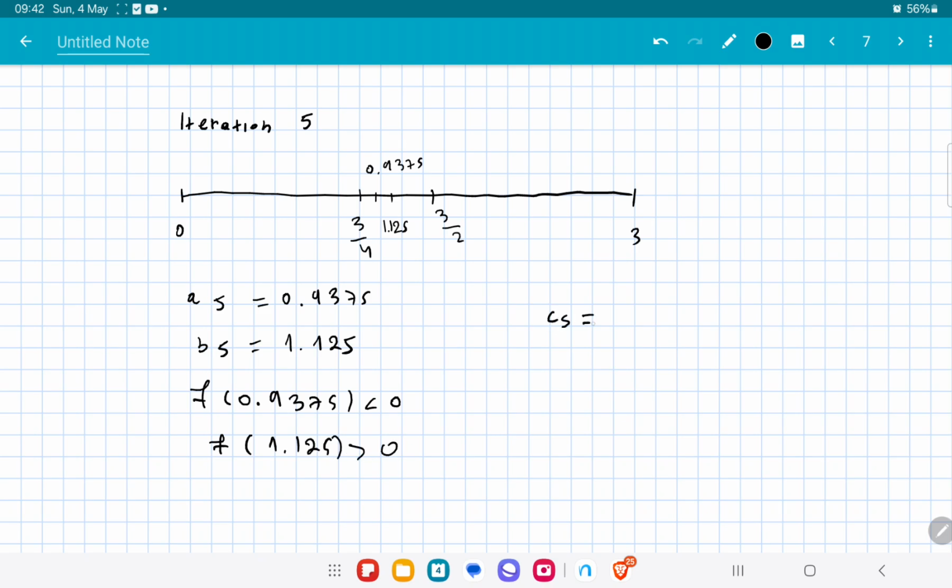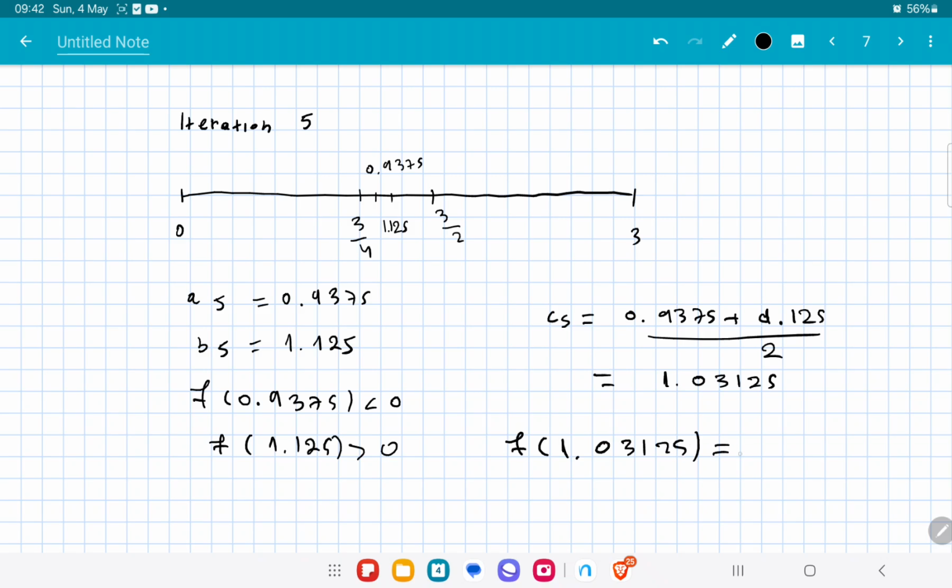So my new c5 is going to be (0.9375 + 1.125)/2, and this gives me 1.03125. I evaluate the function at c5, and I have 0.19.